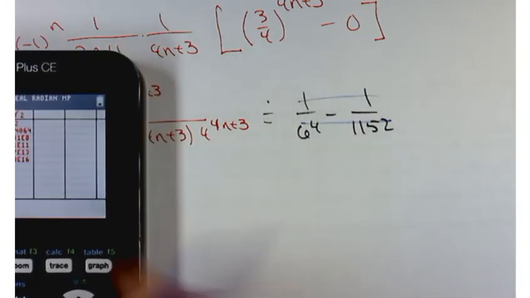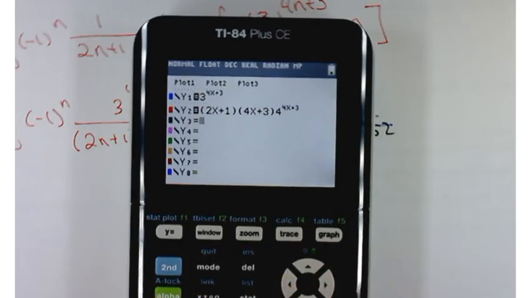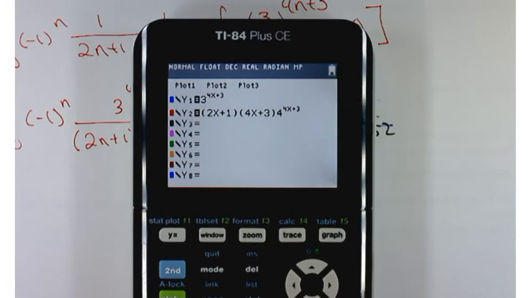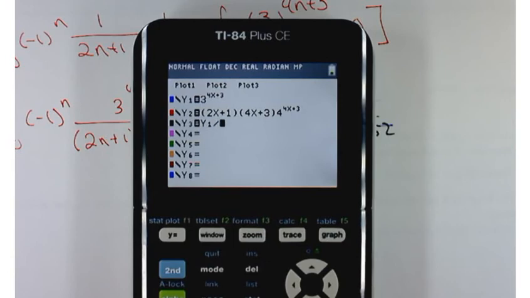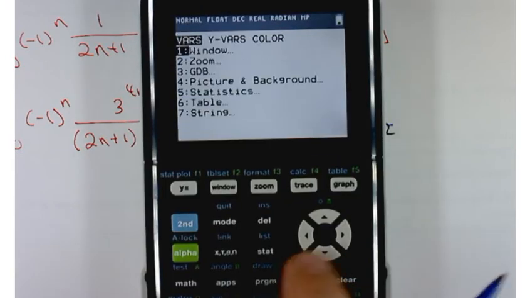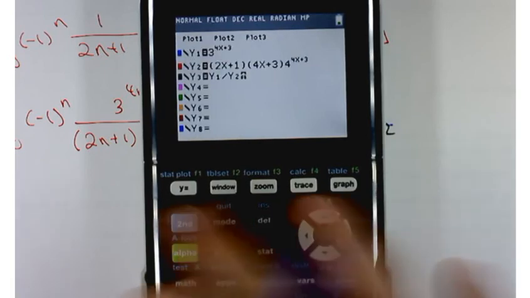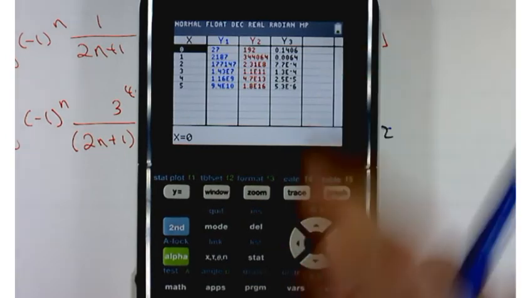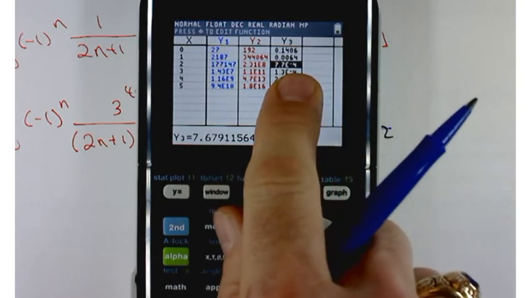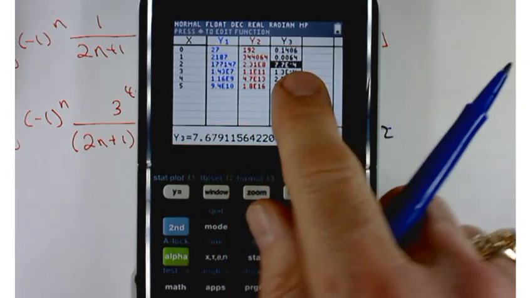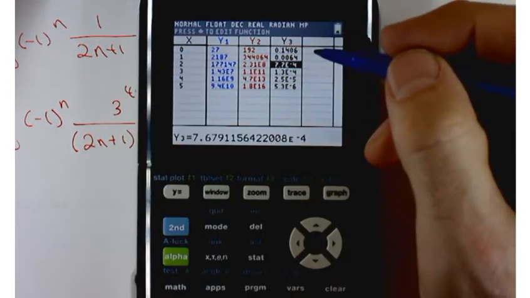Let's also do one last thing here. Let's find the ratio of these two. You can hit the vars key, Y vars, Y1 divided by Y2. So I get the ratio of these, and that ratio is going to be less than 1/1000th again after the third term. So really, those first two should be good enough.